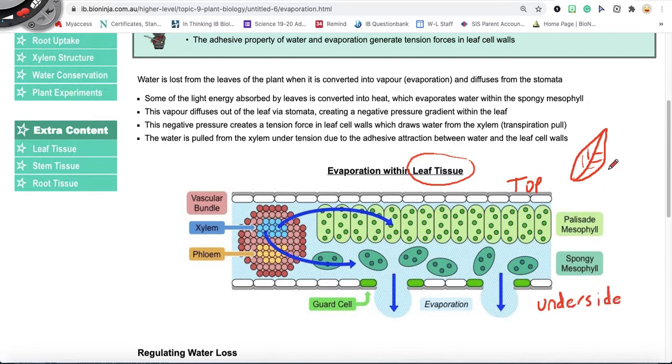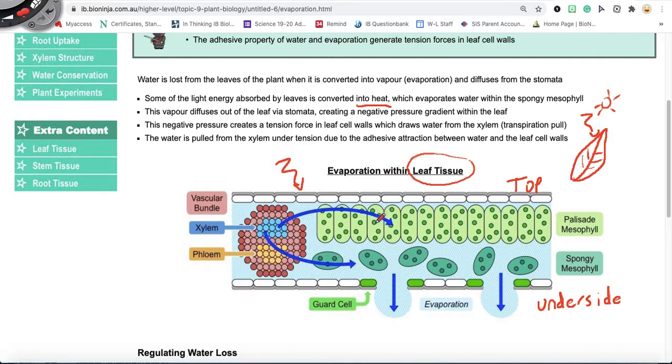So remember that on the underside, under here, is where we're going to find the stomata, or the openings. So when light hits that leaf, that light energy is going to be absorbed, and some of it is going to be converted into heat.